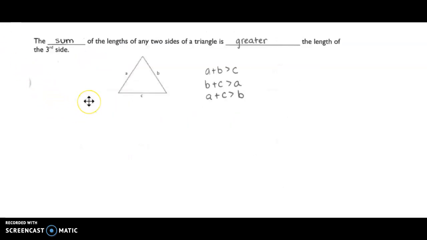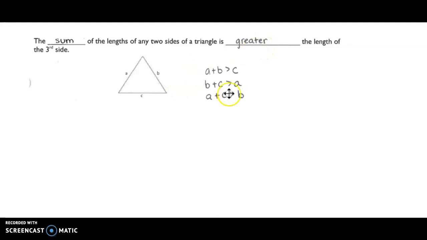All right. This is another theorem and relationship that holds true in any triangle. The sum of the lengths of any two sides is greater than the length of the third side. And so here A plus B is greater than C, and notice it's not greater than or equal to, it is strictly greater.